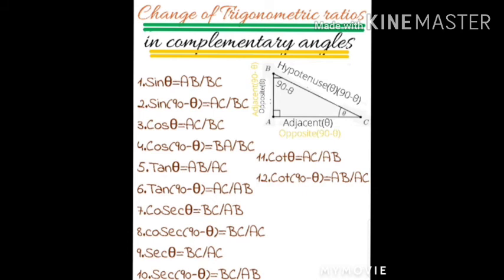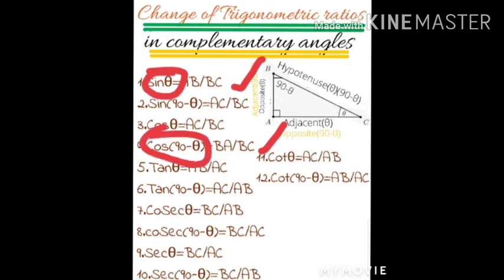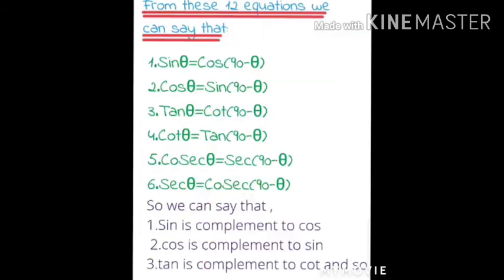For example, you can see here sin theta is equal to AB by BC, and cos 90 minus theta is equal to AB by BC. So from these two, you can say that sin theta will be equal to cos 90 minus theta. They have written it as an equation.